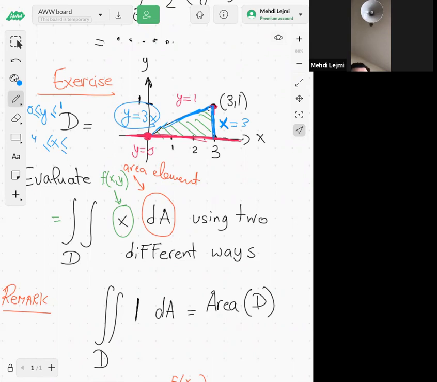So here's Y over 3, and this is X equal to 3.